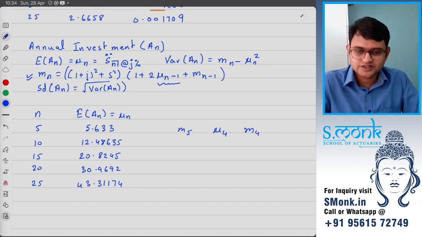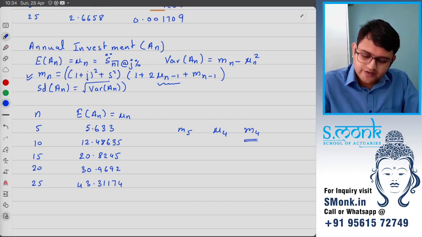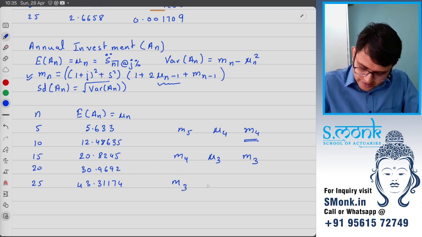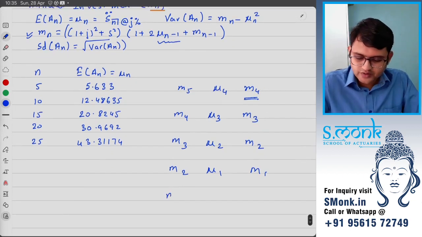Mu 4 we can calculate very easily. But to calculate m4, you will require mu 3 and m3. For calculating m3, you will require mu 2 and m2. For calculating m2, you will require mu 1 and m1.